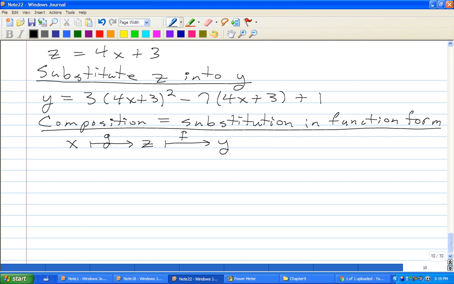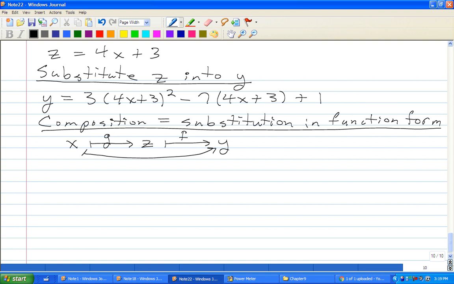Okay, so now if I take these two rules and instead of having them separately, where the rule g takes x to z and the rule f takes z to y, I'll have one rule that takes x to y.